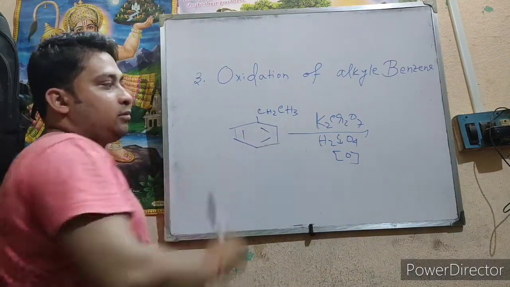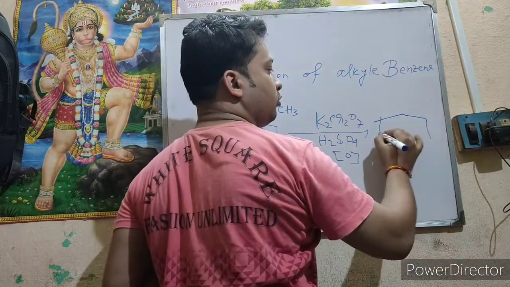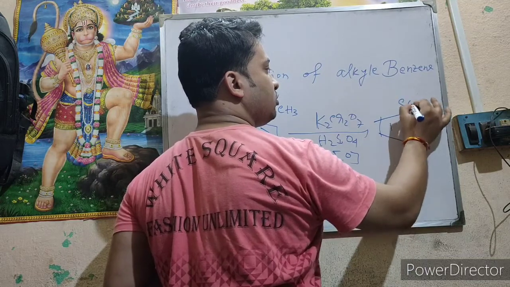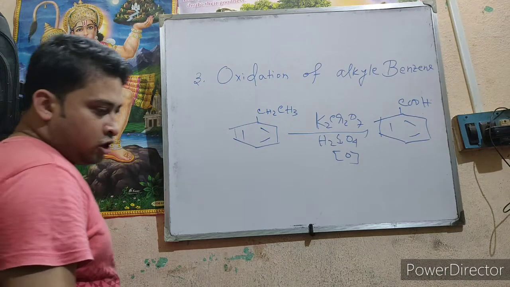Though the chain of carbon is increasing, the product will be the same. That is COOH. The main product is benzoic acid.